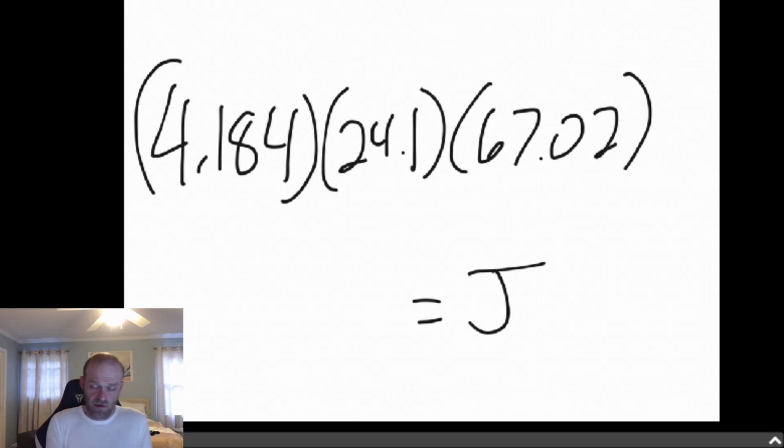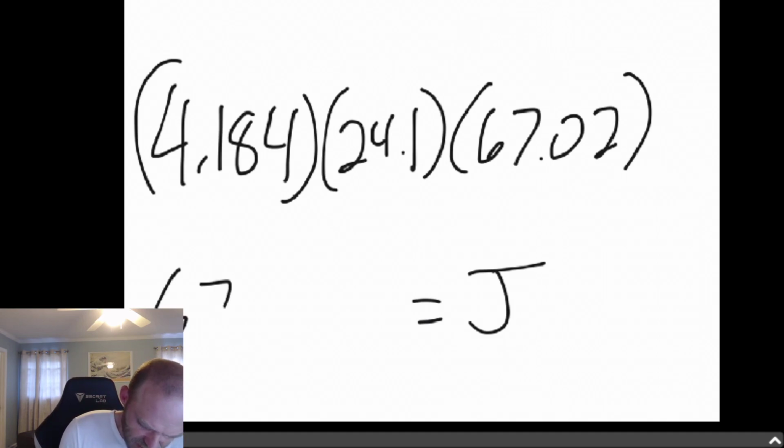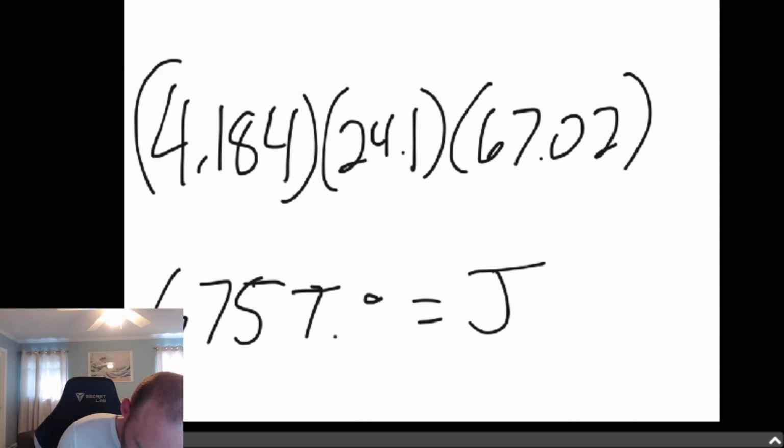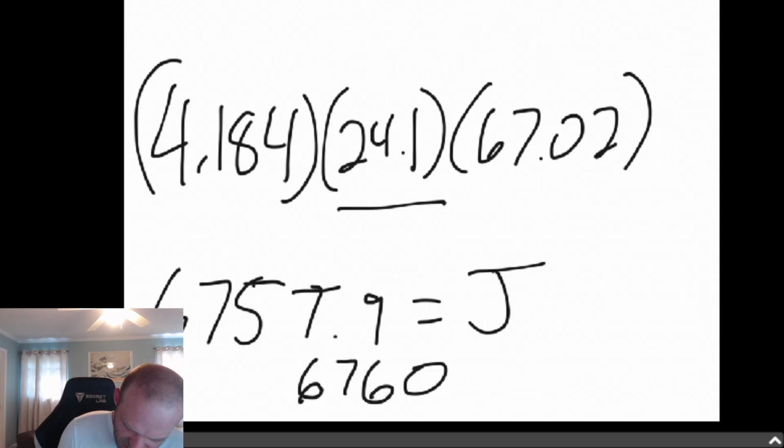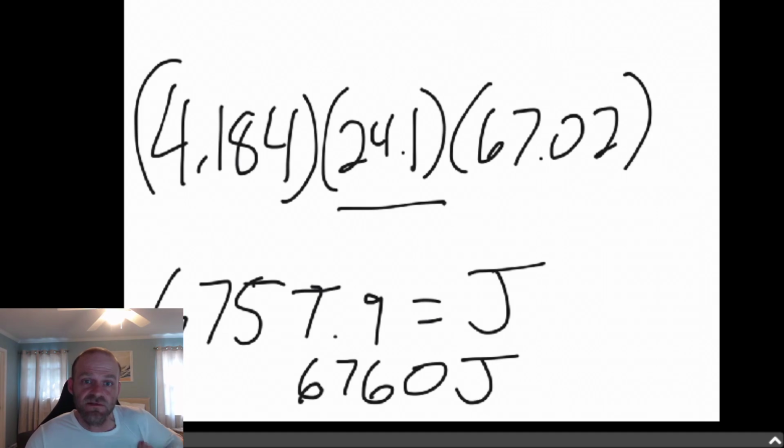Let me do my math here. 4.184 times 24.1 times 67.02. The lowest number of significant figures will be 3. So 6,760. Wait, yeah, that's right. 6,760 joules.